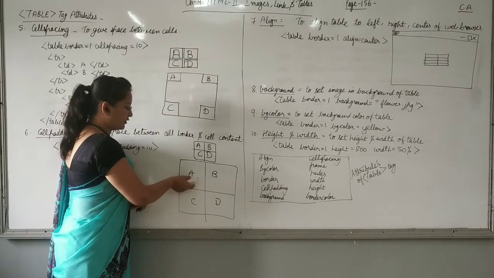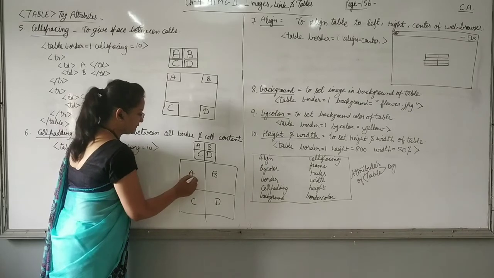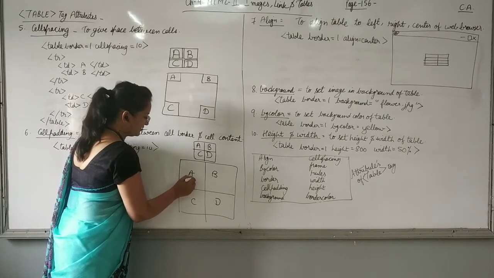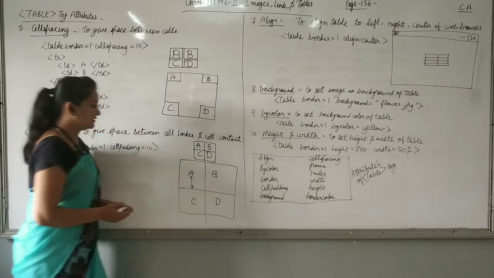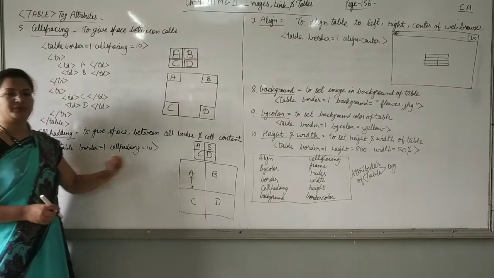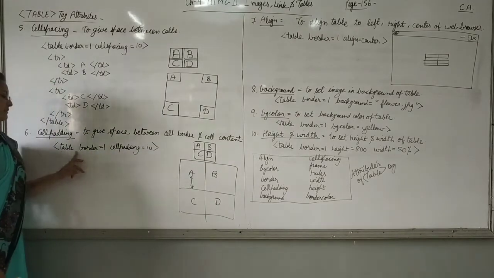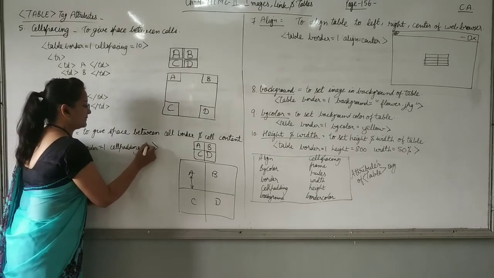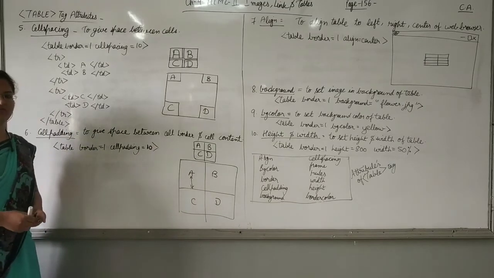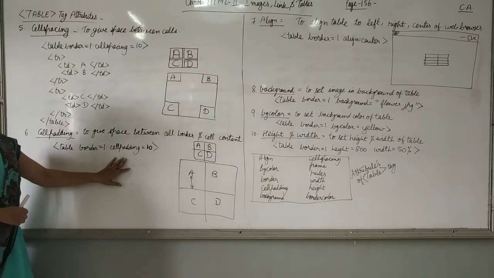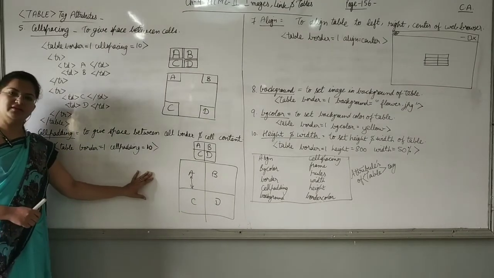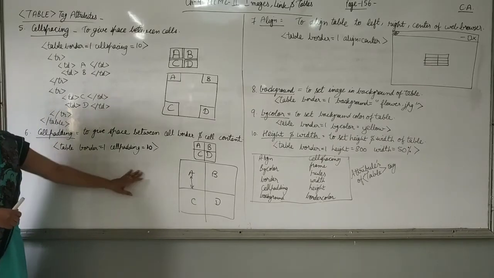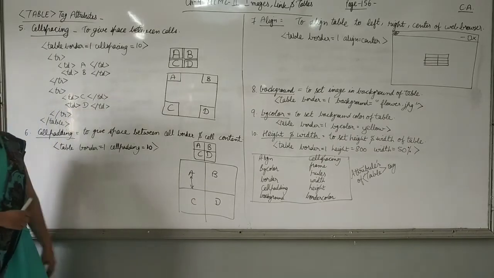If you want this space, then we need cell padding. So here we write table border equals to 1, cell padding equals to 10. We can specify any number over here like 10, 20, 30, 5, 15, etc. according to our requirement. After that you write the rows and TDs. Then we close the table tag.